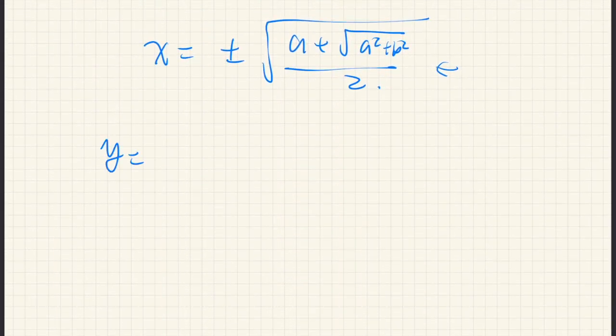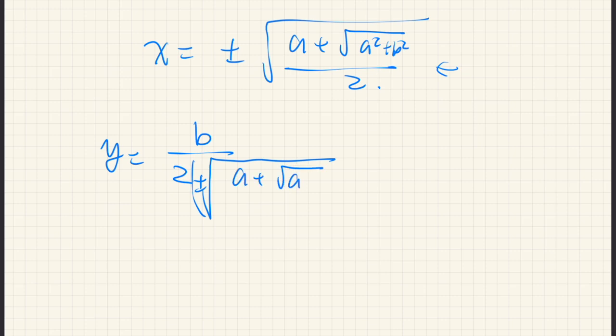Now let's put this into this equation. So y is equal to b over 2x. So x is plus minus the square root of (a plus the square root of a squared plus b squared) over 2.